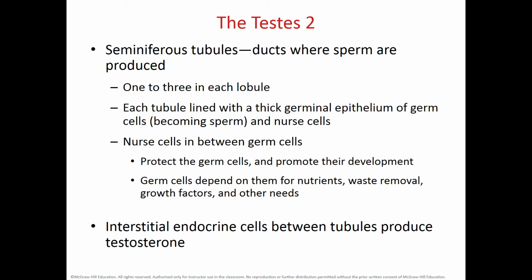Interstitial cells are located between the seminiferous tubules, and they respond to the action of luteinizing hormone. This was part of the key points that I told you: they are also known as Leydig cells, and they produce testosterone.